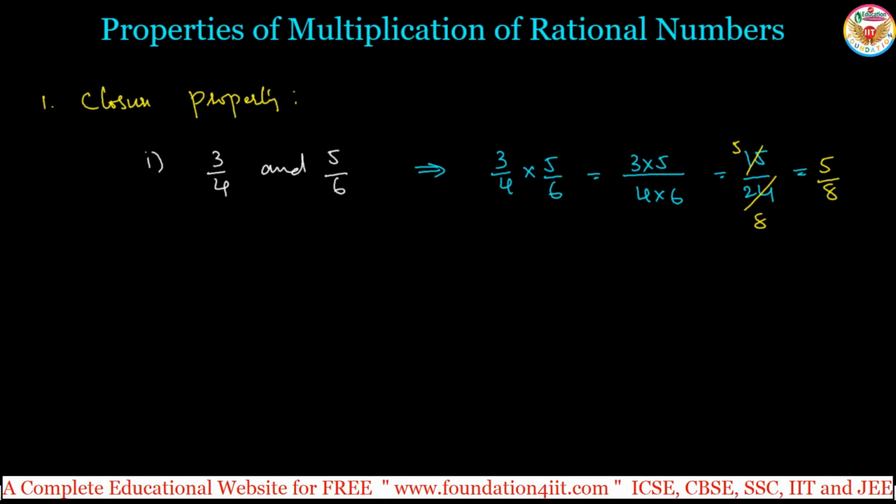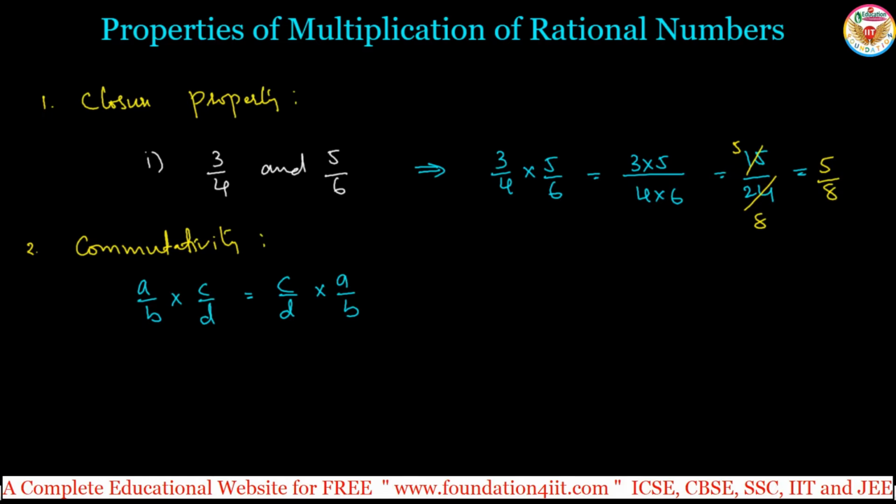right? And the commutative and associative properties exist in this. The commutative property, or commutativity. As per commutativity, the rule is: if a by b is a rational number and c by d is another rational number, then a by b into c by d is exactly equal to c by d into a by b.